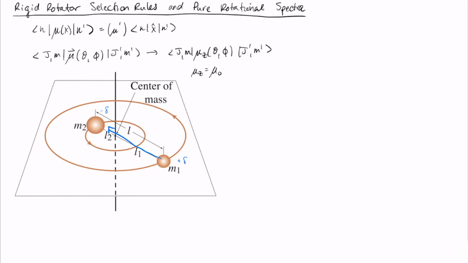And then we just need to know its projection onto whatever axis we're interested in. And so we're interested in the z-axis at this point. And the z-axis can be written as cosine of theta here. Okay, so that means that this more complicated matrix element reduces to mu naught times the integral of J M cosine theta J prime M prime.